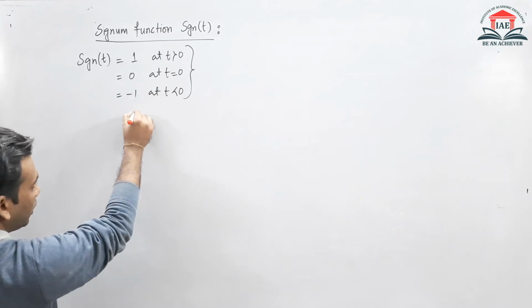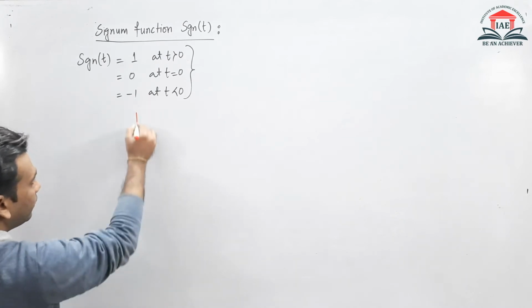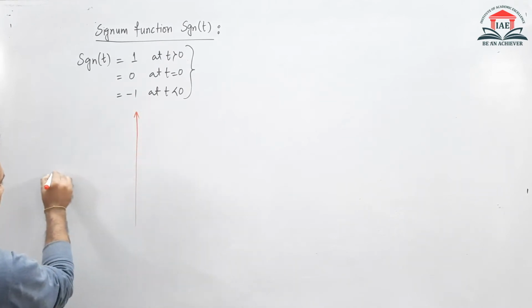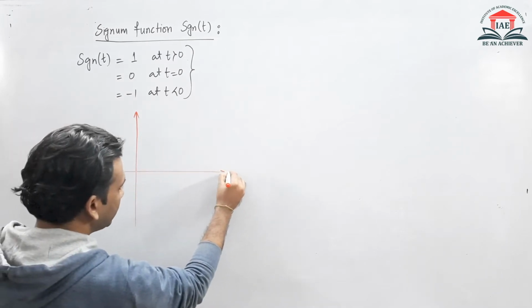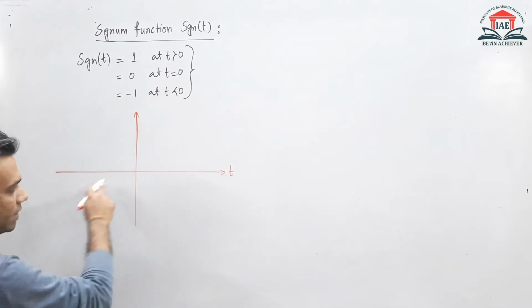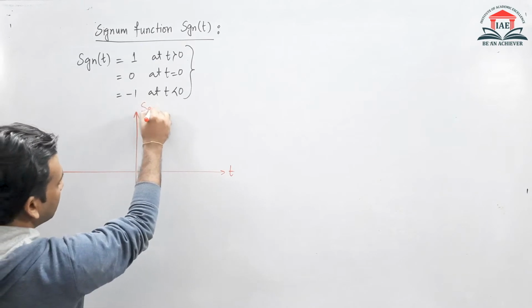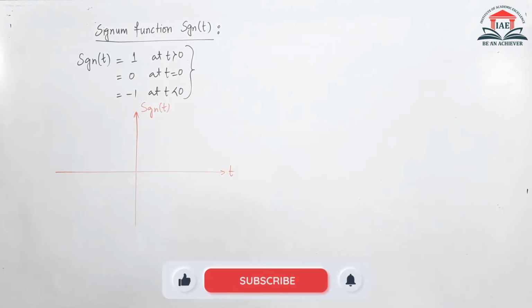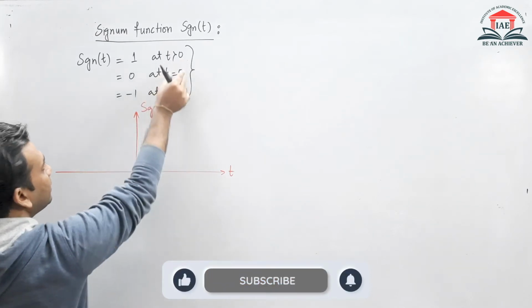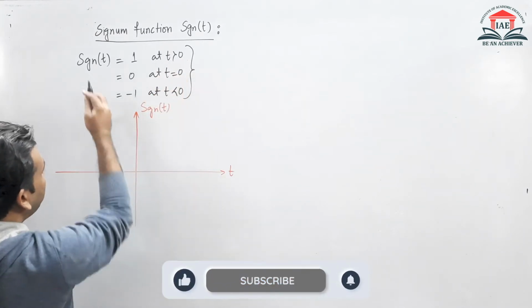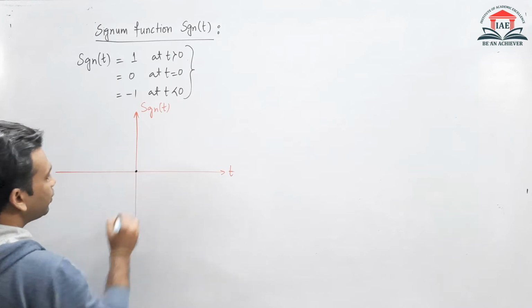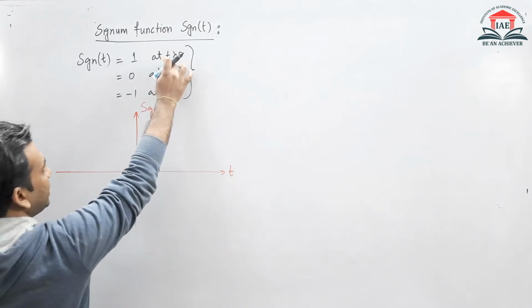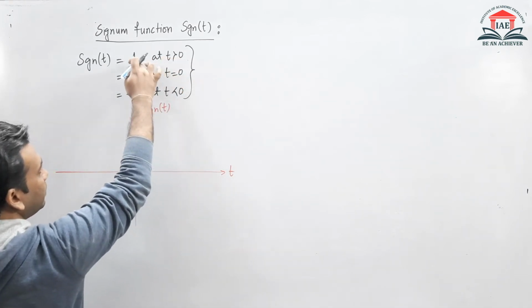If we want to draw the graph of a signum function, it looks like this. This is the time t axis and this is the sgn t, the signal that we are going to draw. When t is equal to 0, the value of the signum function is 0, and when the time t is greater than 0, the value is 1.